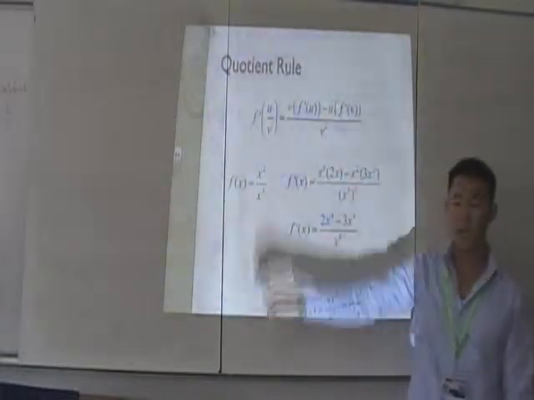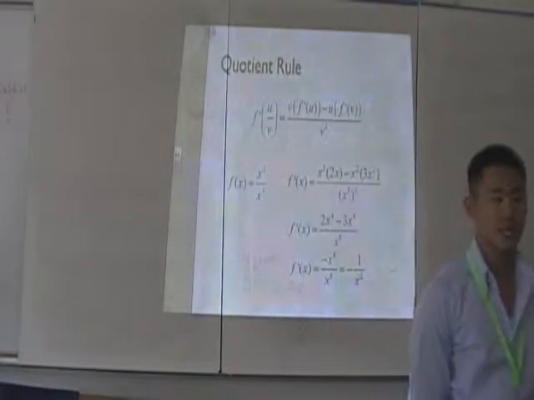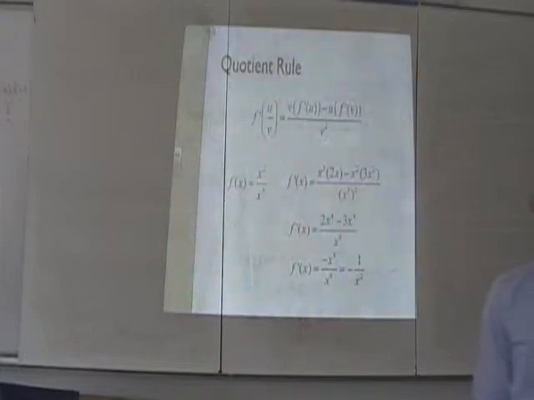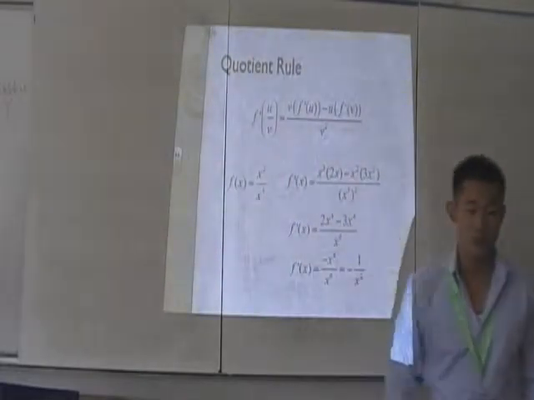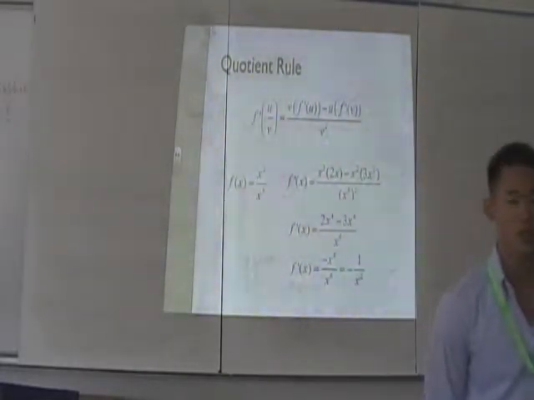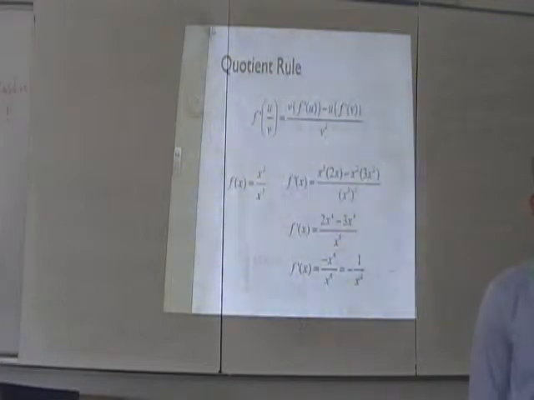Can you say that again? Yeah. Low d high minus high d low all over low squared. What happens if you have x squared plus 1 over x cubed minus 5?